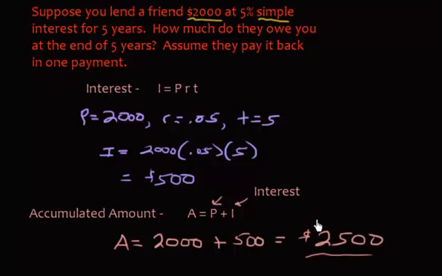So again, there's your introduction to simple interest, and we had two formulas. We have our simple interest formula, which is I equals P, principal, times your interest rate, times time, again, T in years. And the accumulated amount would be A equals your principal plus the interest.